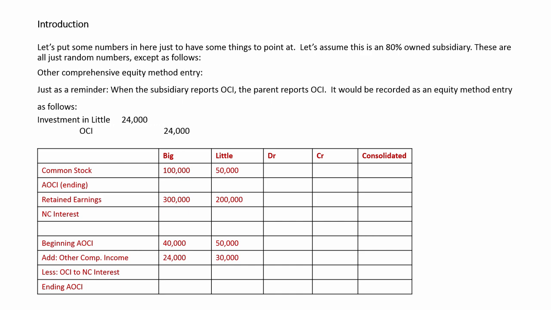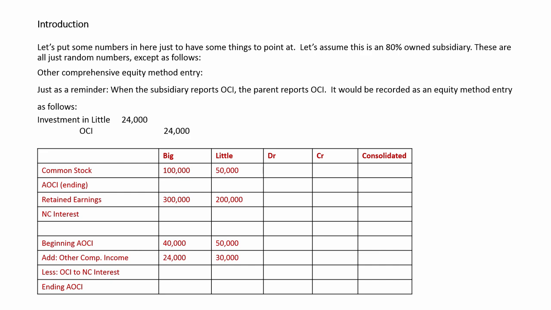Just as a little reminder, when the subsidiary reports other comprehensive income, the parent also reports other comprehensive income. And so we would have an equity method entry as follows. We'd have a debit to investment in Little for $24,000 and a credit to the other comprehensive income for $24,000.